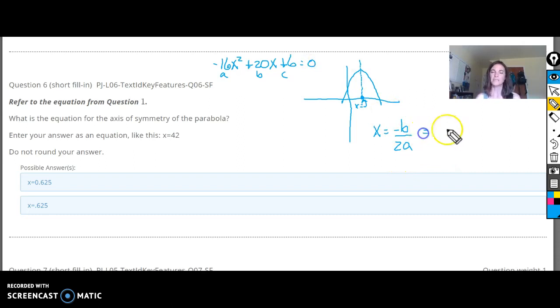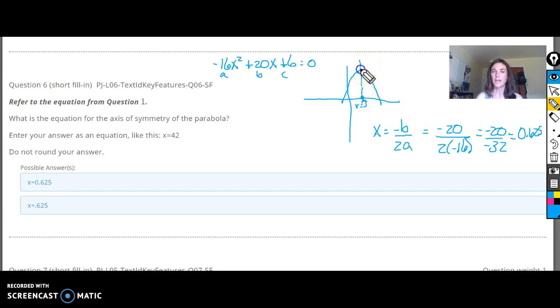Well, negative b equals a negative 20 over 2 times negative 16. So this is negative 20 over negative 32, which if you plug that in your calculator, you'll get a positive 0.625. So that means at x equals 0.625, my parabola is perfectly symmetrical.